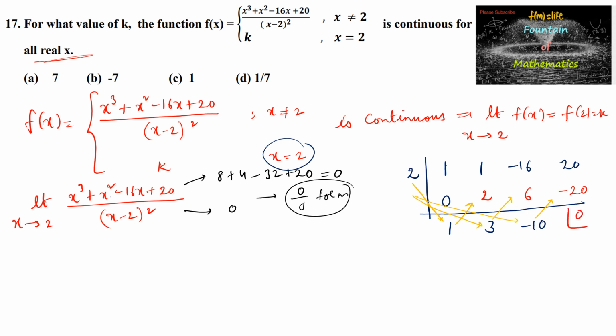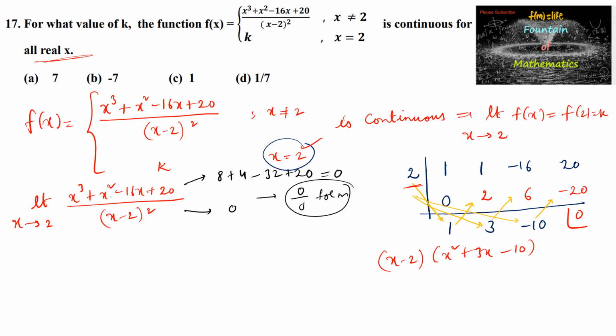Whenever you get 0 as a remainder, it means x minus 2 is a factor, and the remaining terms we can write: x minus 2 into x square plus 3x minus 10, and we can also check that x square plus 3x minus 10 has x minus 2 as a factor again.